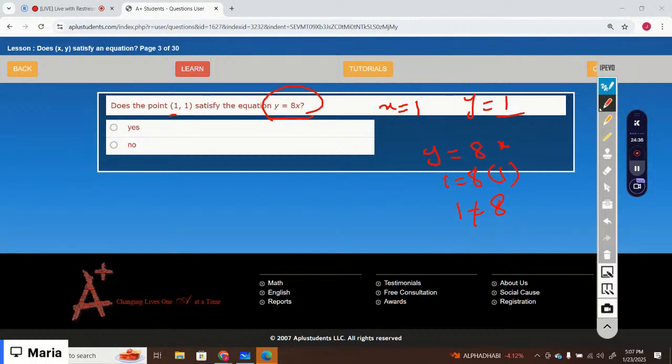That means it doesn't satisfy the equation. Got it, or do you still have any question? The correct option is no, that doesn't satisfy.